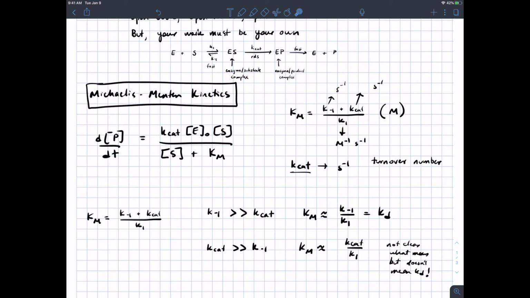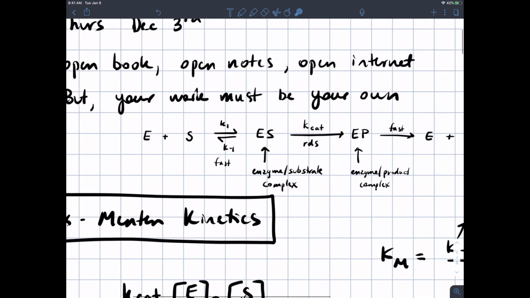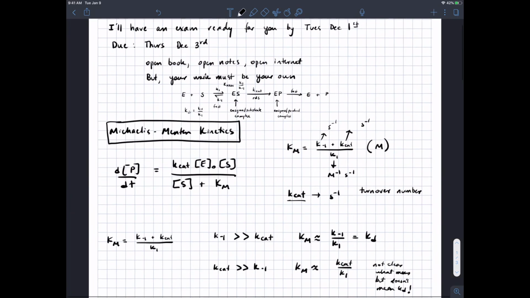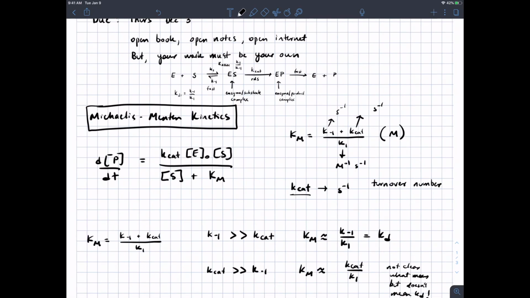So looking at this equation, if we just took this part, binding of enzyme and substrate to get the complex, the equilibrium constant for that reaction, the association constant, would be K1 over K minus 1. The dissociation constant, or Kd, would equal K minus 1 over K1.